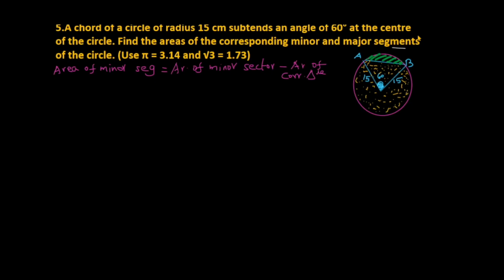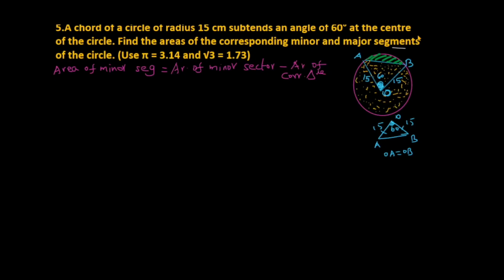Now here the triangle is OAB, say our center point is O. What type of triangle is OAB? At O we got 60 degrees, and the two sides are 15 centimeters each, because OA is equal to OB, the radius of the circle.